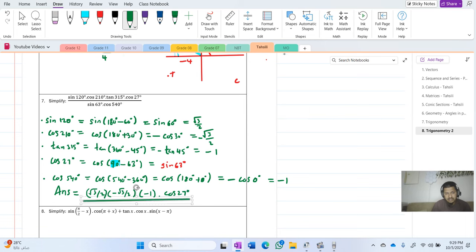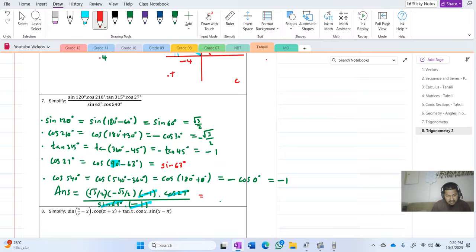Okay, now we can see everything cancelling out. We can see 63, 27 cancel out, negative 1 cancels out. So we got root 3 times root 3, which is 3, remember there's still a negative there, so negative 3, and 2 times 2, which is 4. So my final answer is negative 3 over 4. Hope you guys understood that.